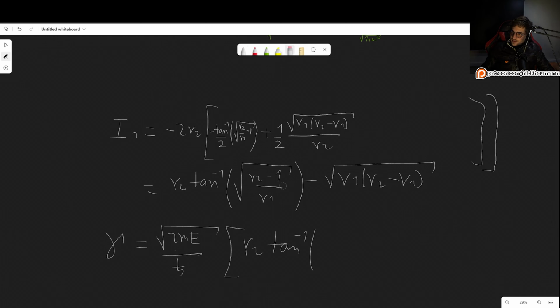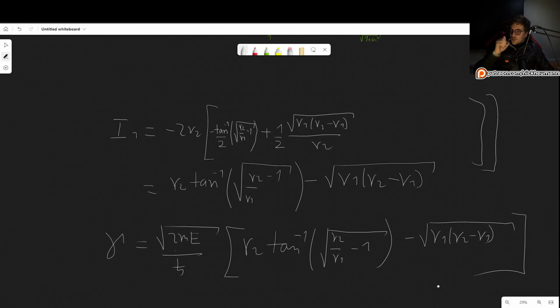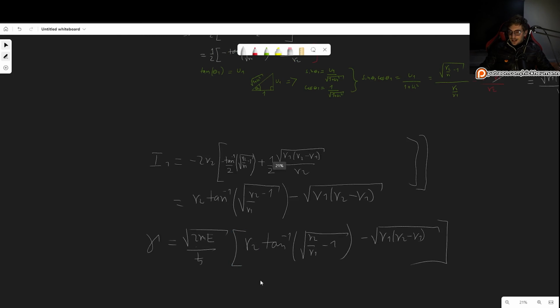Oh, wait, this isn't supposed to be that large. So just R2 divided by R1. There we go. So R2 divided by R1 minus 1 minus square root of R1, R2 minus R1. There we go. That is gamma.